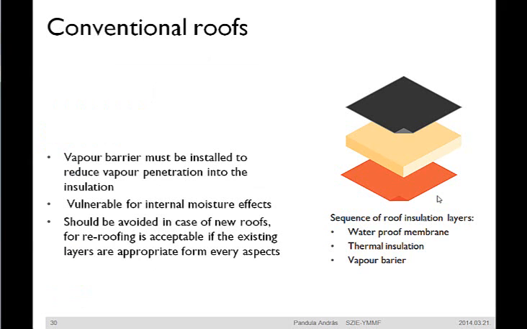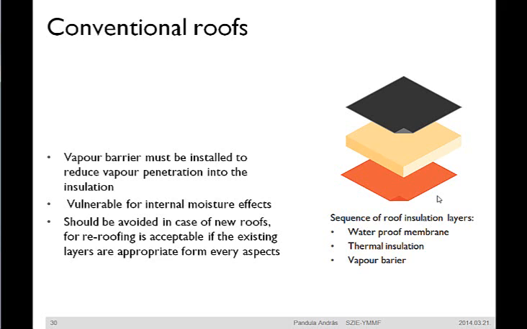In case of these flat roofs, a vapor barrier must be installed to reduce vapor penetration into the insulation, as vapor release ventilation, which could be point or linear, can hardly be solved technically and would be objectionable from the aesthetic point of view.